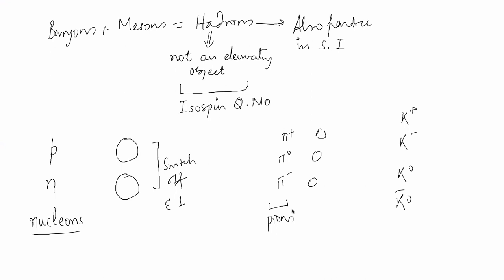Then it was argued that a strong interaction does not distinguish between a proton and a neutron, or among pi plus, pi 0 and pi minus. How do we develop a formalism which will be equally valid if we switch on the electromagnetic interaction?